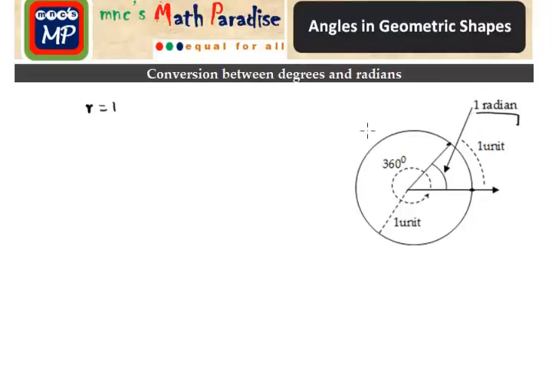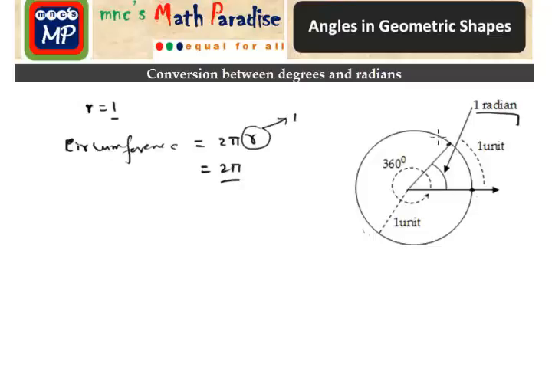One revolution means moving along the circumference 1 time. The circumference of a circle is 2 pi r, where r is the radius, but in this case the radius is 1 unit, so it will be 2 pi.